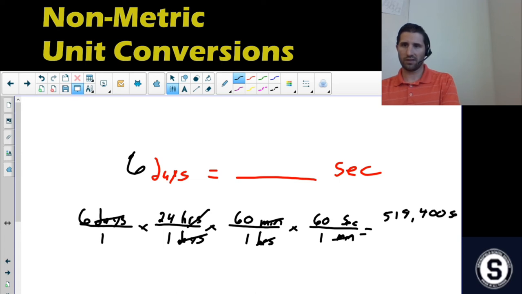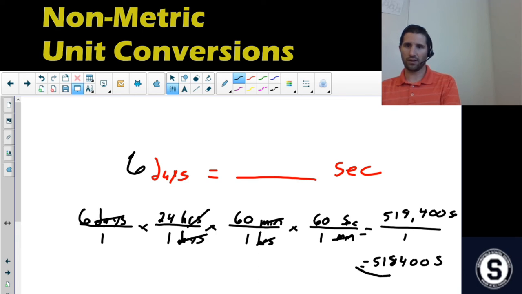This is seconds. And if I look at the bottom, I have 1 times 1 times 1 times 1. The whole thing's divided by 1. So my answer is 518,400 seconds. It's definitely tricky to write with this thing.